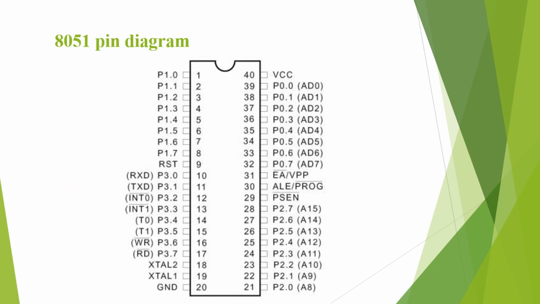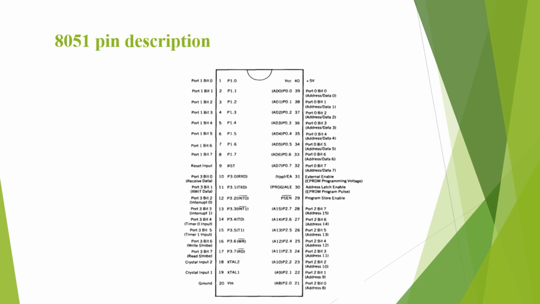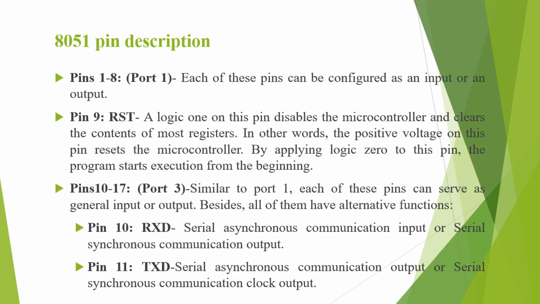So this is the 8051 pin diagram, the 40-pin IC 8051 of Intel is shown. The detailed pin description of 8051 microcontroller is shown in this diagram. Pins 1 to 8, that is port 1.